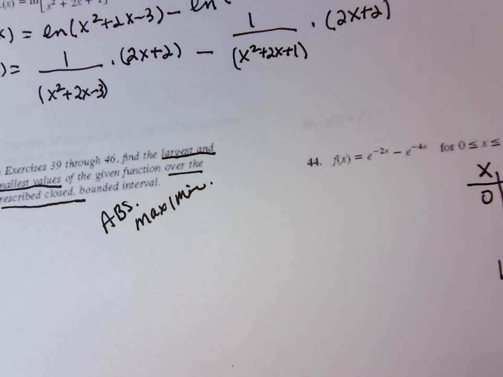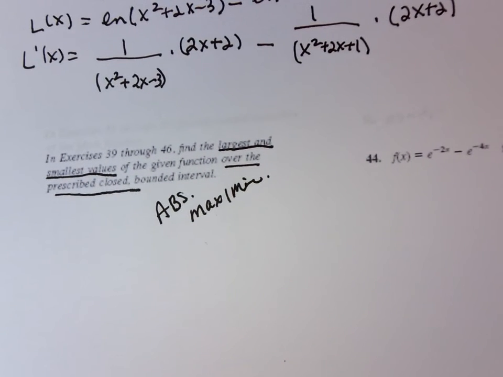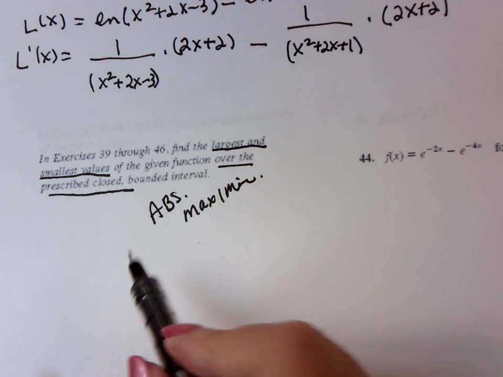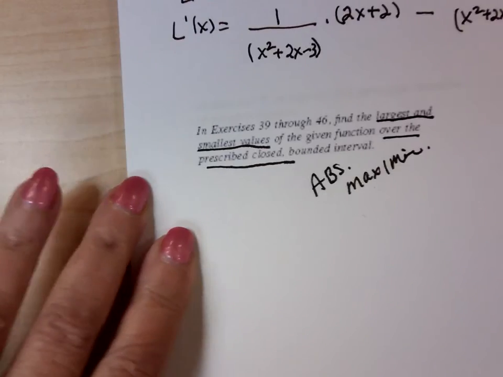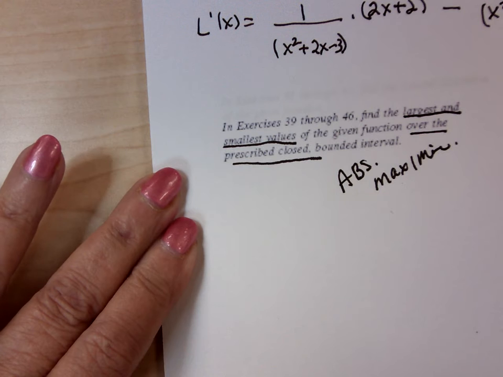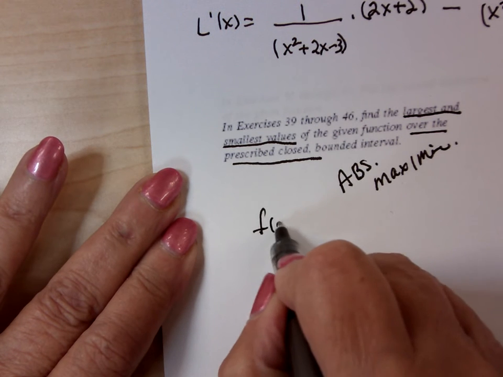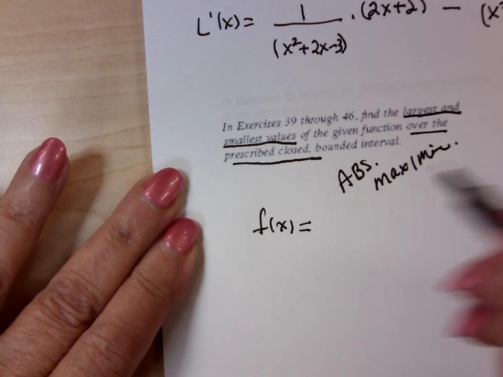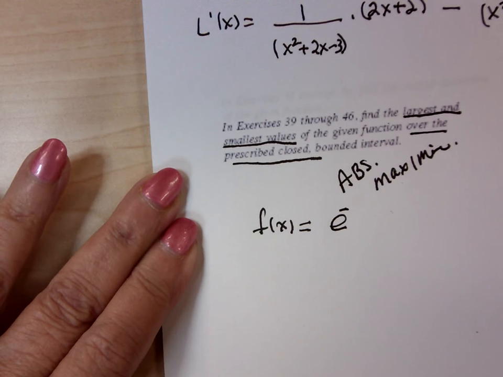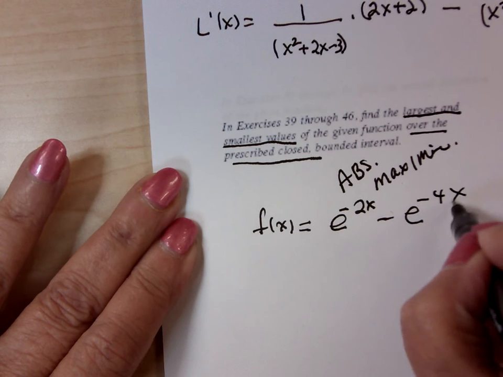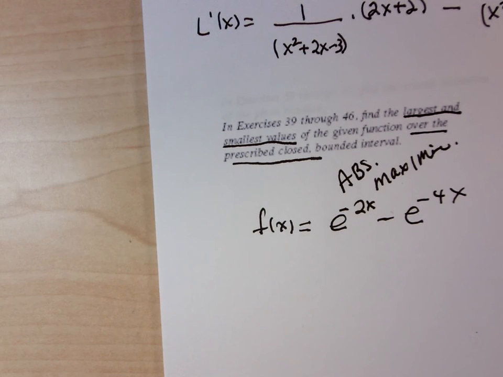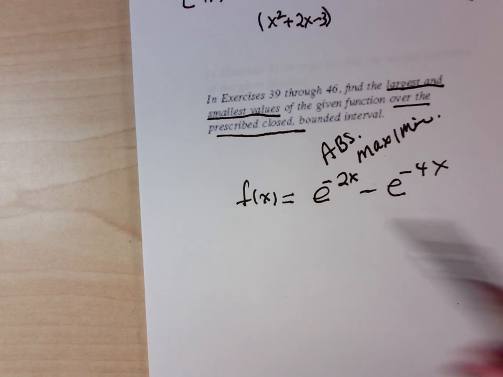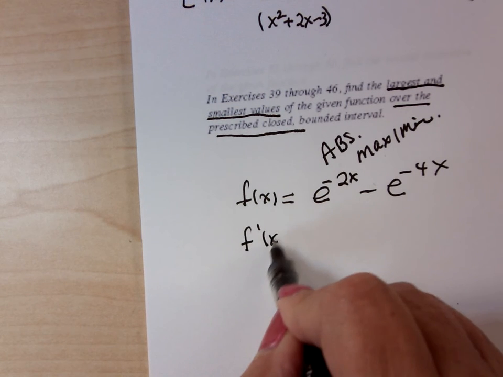So this is where life becomes interesting. So now I'm going to be finding critical numbers. So I'm going to come back over here and work with it because it's going to be a heck of a lot more work. So f of x is going to be e to the minus 2x, as innocent as this looks, minus e to the minus 4x. Looks innocent, not so much. So I need to take the derivative.